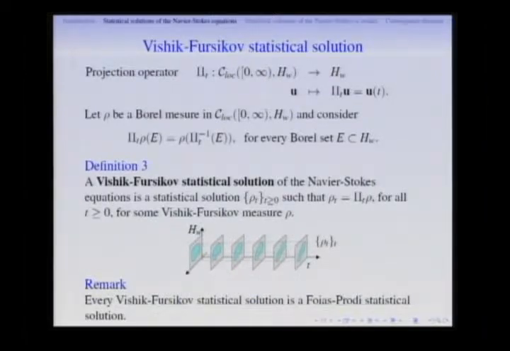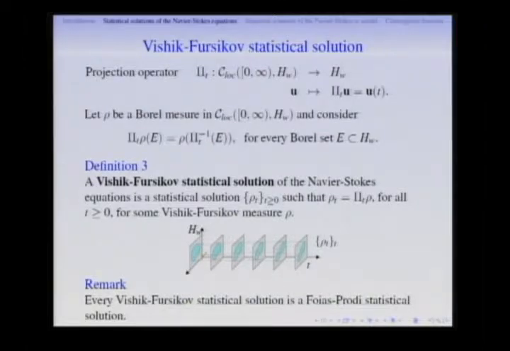Okay, so just to be more precise, here we have the projection operator, and a projection of a measure is defined by this formula, which is known. And we say that a family of probability measures is a Vishik-Fursikov statistical solution if it's a projection of a Vishik-Fursikov measure at each time t.